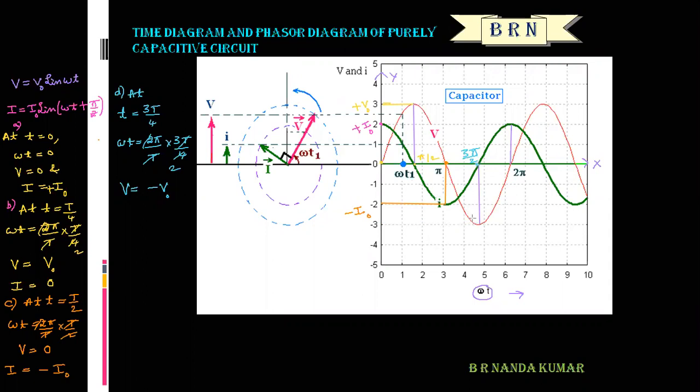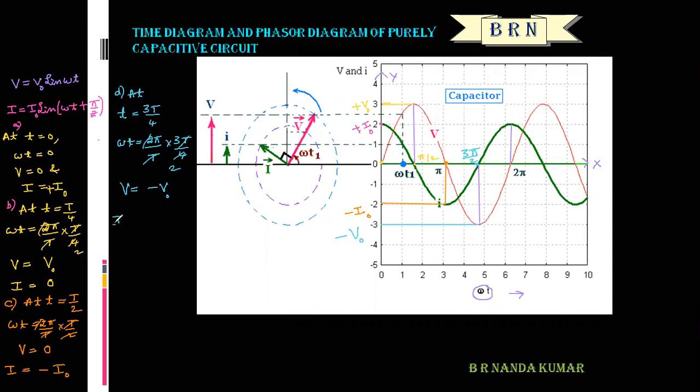So at phase 3π/2, the voltage is how much? Minus V naught. What about current?